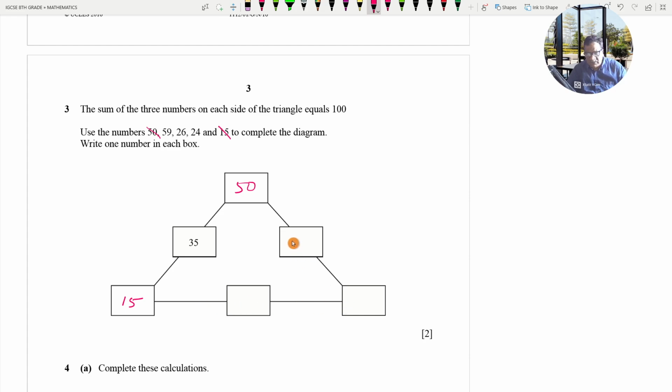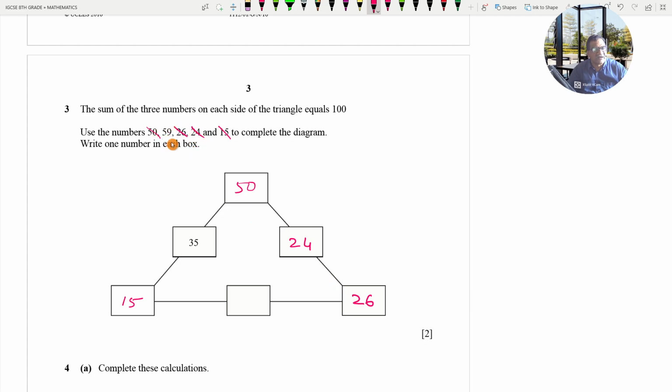So let me put 24 over here, and here I'm putting 26. Now you can see that here also the total of these three numbers along this side is 100. 26 plus 24 is 50. 50 plus 50 is 100. So I have put 24 and 26. So these two are gone.